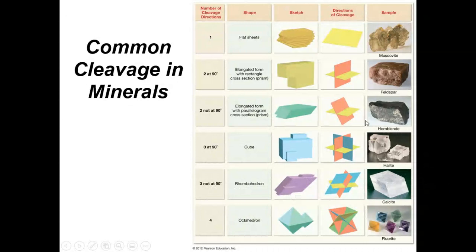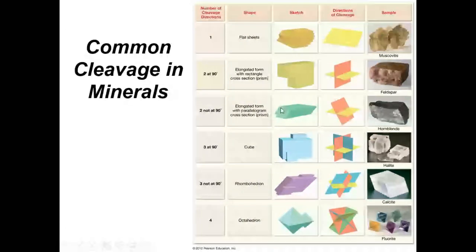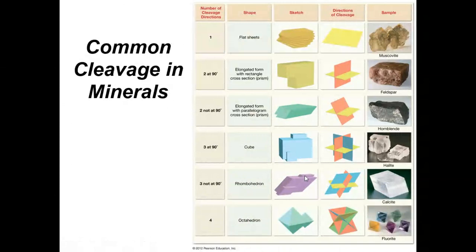Just like we saw with the minerals that have two cleavage planes, the ones that have three cleavage planes can either meet at 90 degrees or at an angle that's different than 90 degrees. So this mineral halite, which gets crushed up and turned into table salt, looks like a box. That's three cleavage planes at 90 degrees. This mineral down here looks kind of like a tilted box or parallelogram.